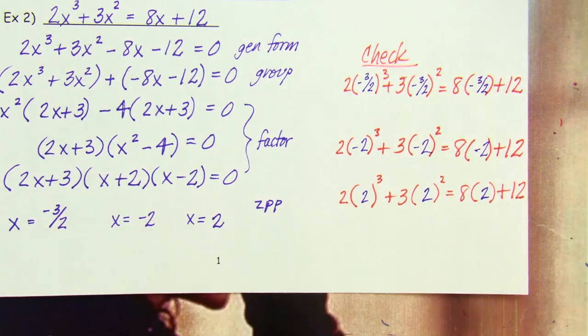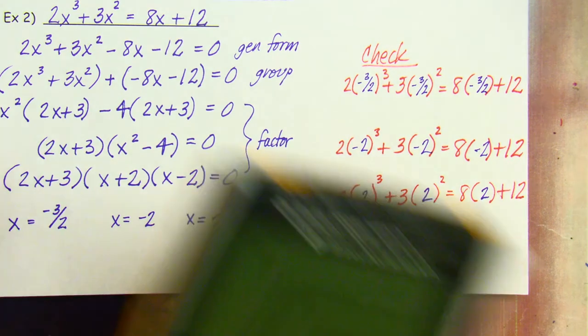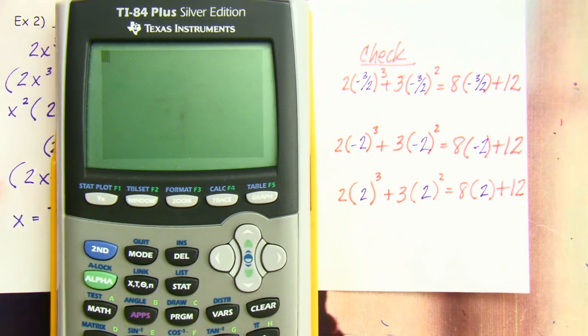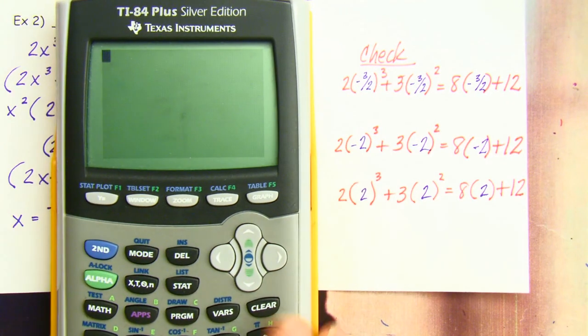Let's see, I guess I will take the time to at least do the top one on the calculator. So I'm going to turn it on, hit clear. 2, I need a parenthesis. Negative 3 divided by 2, close it, raise it to the power of 3, plus 3, parenthesis, negative 3 divided by 2, close it, square it, hit equals.